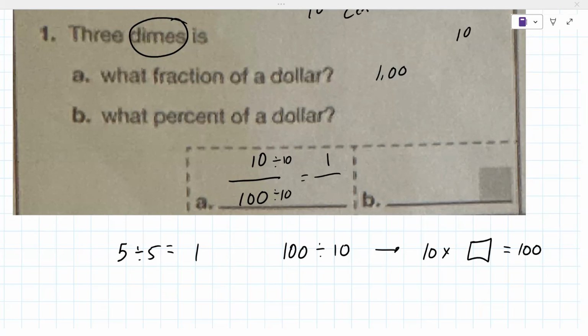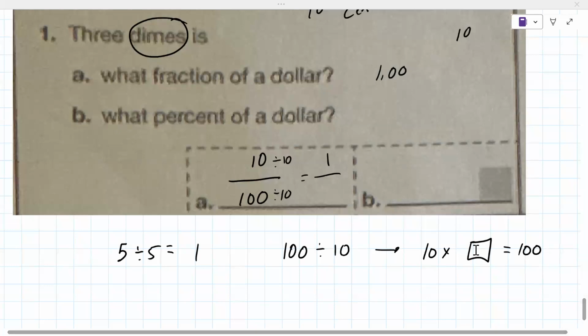And this is where you've got to have your multiplication table down. So let's just say it was 5 times what number is 20?